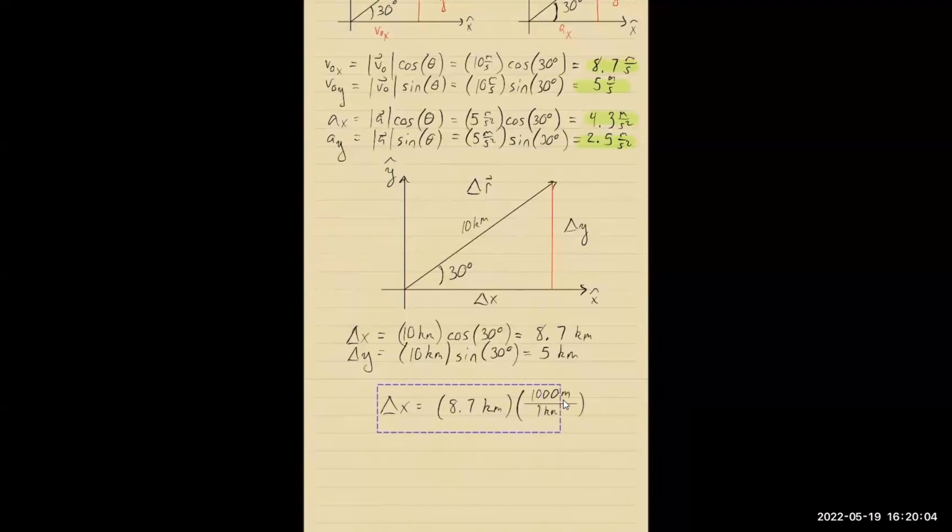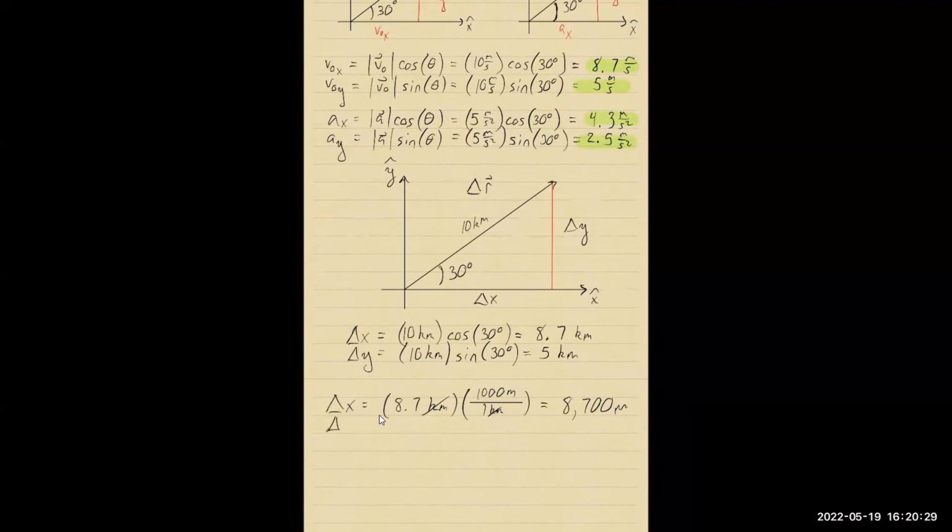Let me just move this over a little bit. Very good. And so kilometers cancel out. And then we're left with an answer of 8,700 meters. And so that's how far we've gone in the x direction since we started driving.